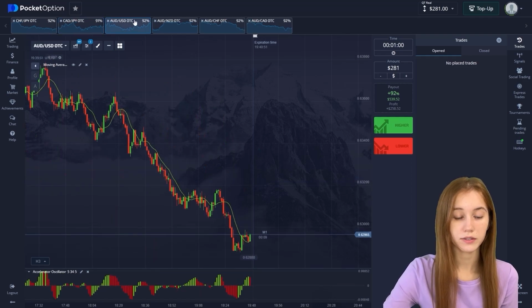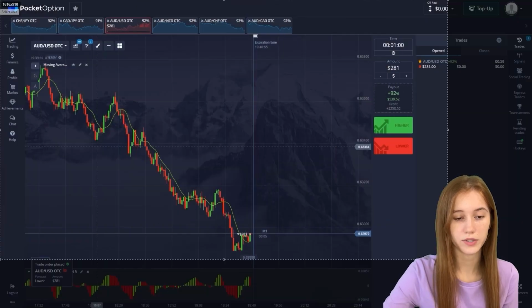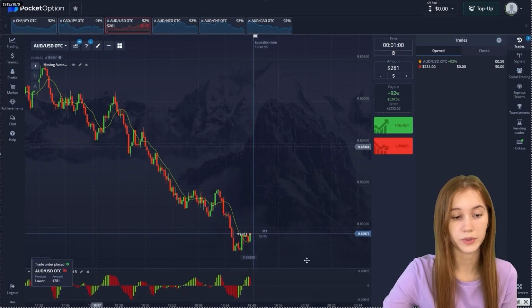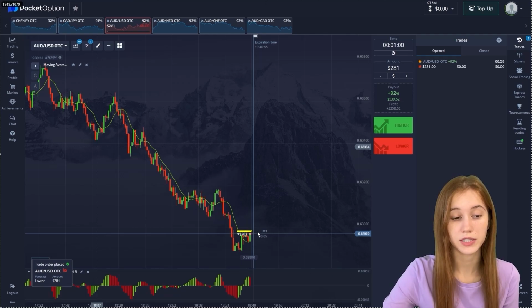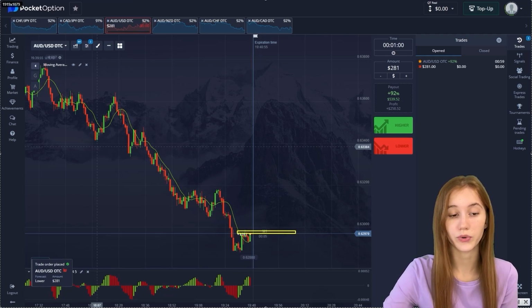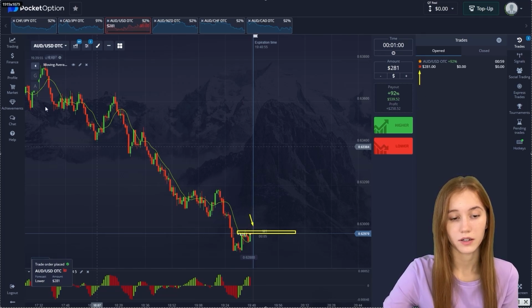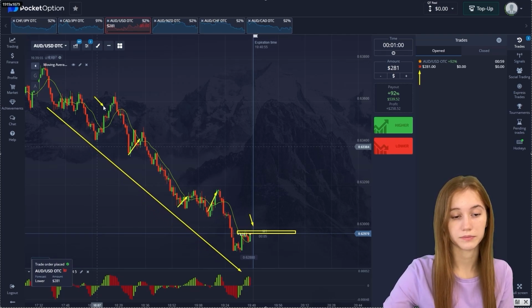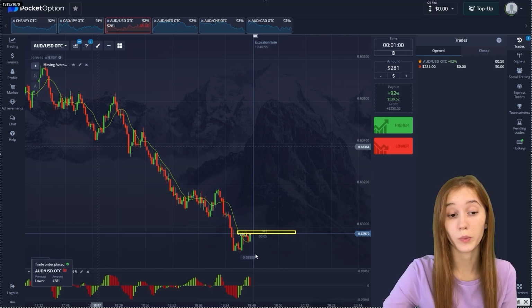So here we are in the next trade. Let's open a down deal and start our technical analysis. Here what we see, we highlight the resistance level, our first signal to a down deal. We opened correctly, I think. We see a descending trend on our chart. The reversal will be weak, I think.